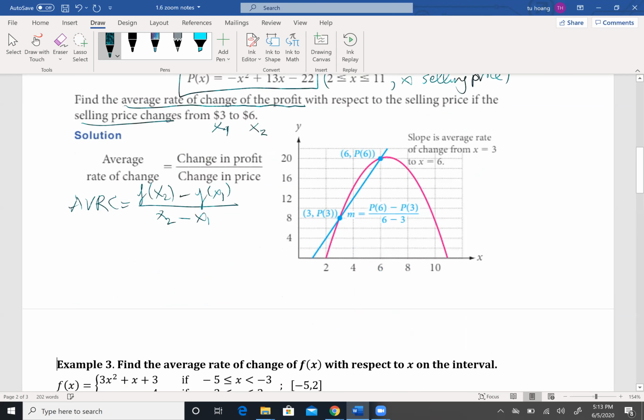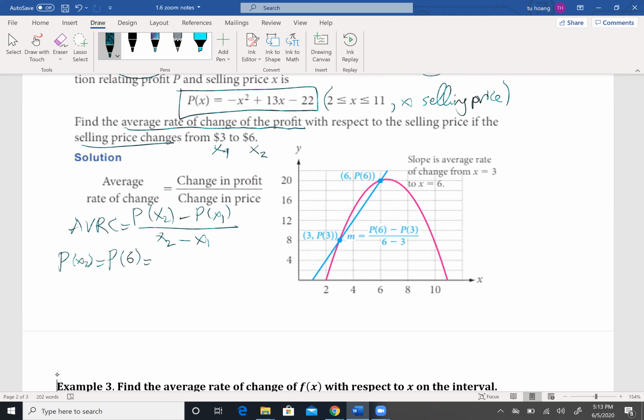Okay, move down, and I have f(x2) equal to what? x2 is $6, right? Actually this is not f, this is P. I should change it to P because this is the function denoted by P. So P of x equals negative x squared plus 13x minus 22.